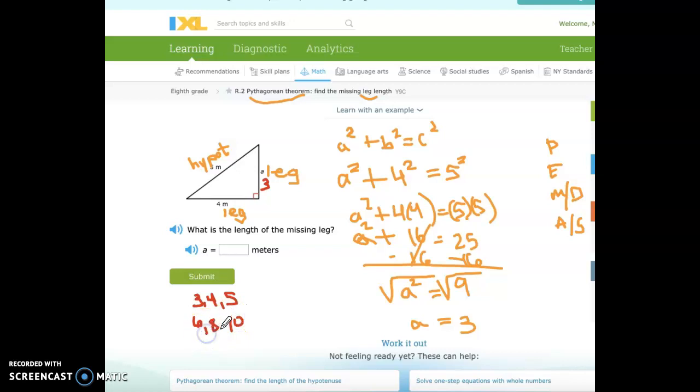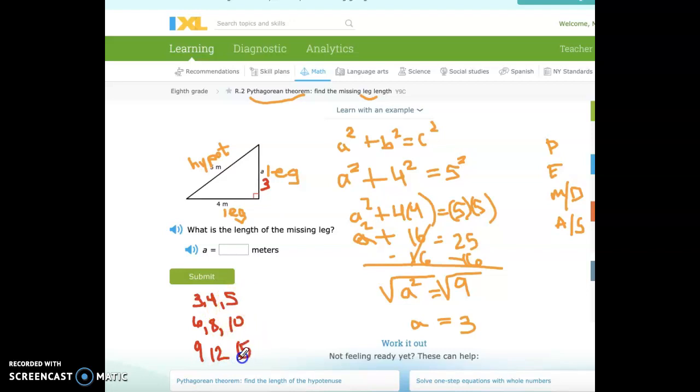A 6, 8, 10 is also a right triangle. If I take the first one and triple it, a 9, multiply this by 3, a 12, and multiply this by 3, I would have a 15.